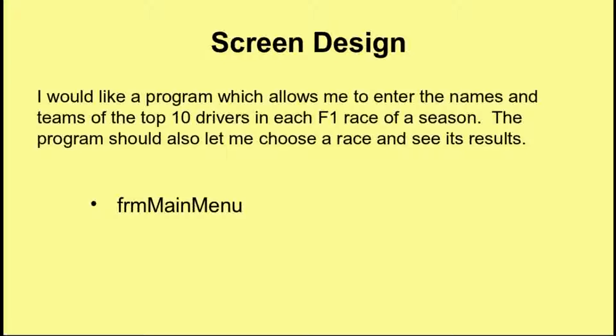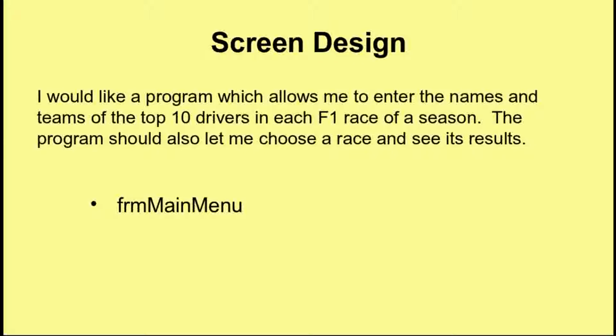Notice also that each part of the name starts with a capital letter, and that there are no spaces in names. In programs, there are never spaces in names of variables, and a form is just a special kind of variable. So it's little frm, capital M for main, capital M for menu.